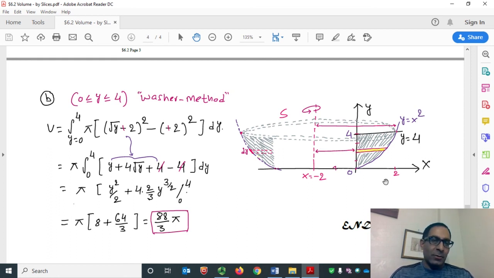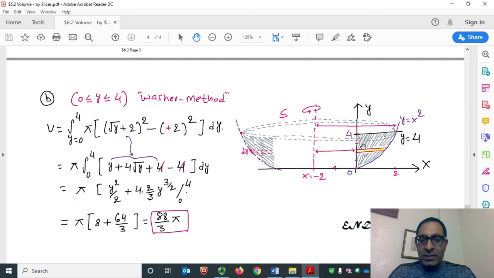Now first let's talk about the outer radius. The outer radius distance is from x equals -2 all the way to this parabola, y equals x squared. First, this distance is a fixed 2, right? This is the fixed 2 here, so this is 2 units.